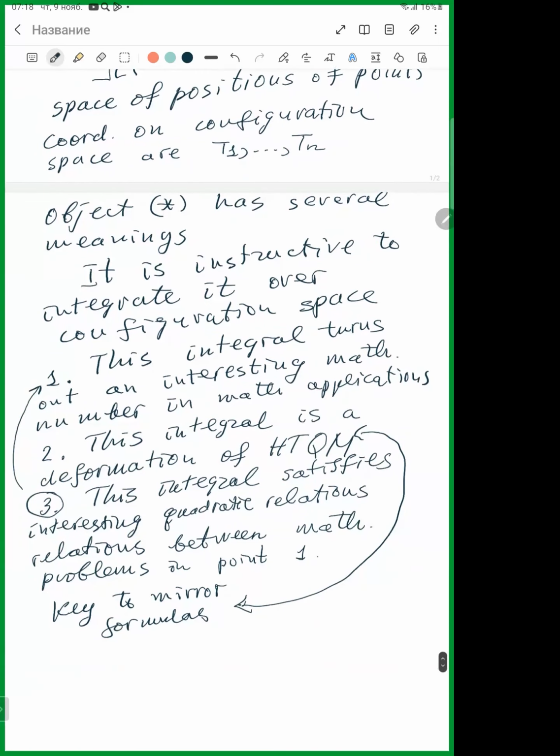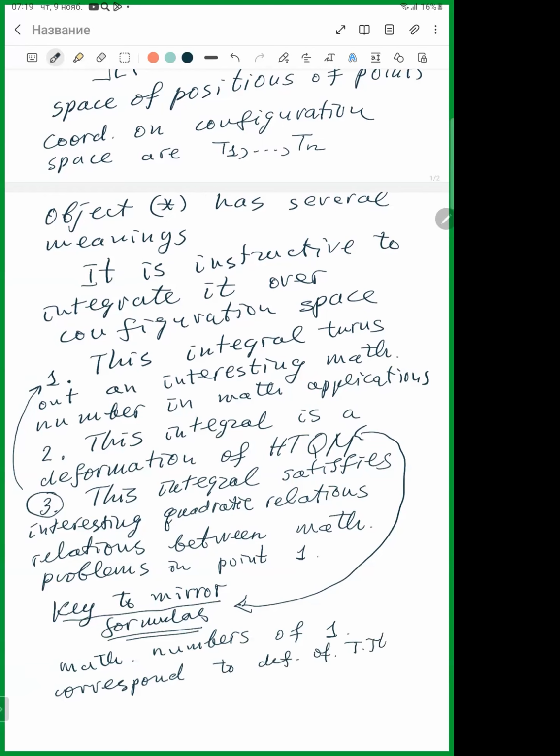And key to mirror formula says that mathematical numbers of 1 correspond to the deformation of topological theory.